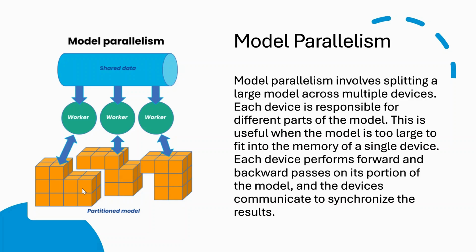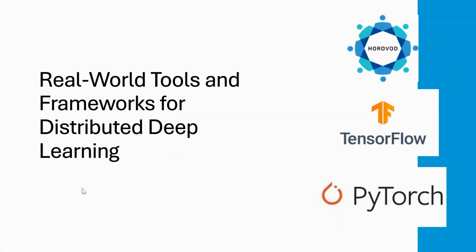Another thing is that when we have multiple models that we are training, every model has a different size, so it needs different memory sizes. That's why we prefer distributed memory in model parallelism. The tools and frameworks used for distributed computing are PyTorch, TensorFlow, and Horovod. TensorFlow utilizes TPUs, known as tensor processing units, for parallel and distributed computation.